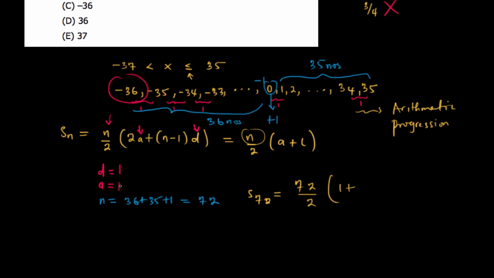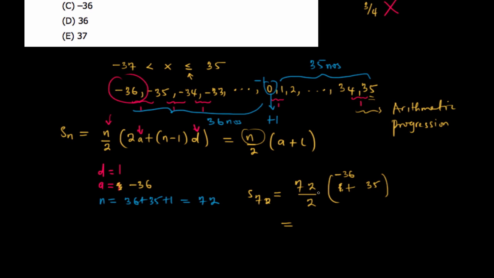I'm very sorry for this. This should be negative 36. So the first term we have here should be negative 36, plus the last term. Now the last term you have here is 35. So I'm sorry for that.